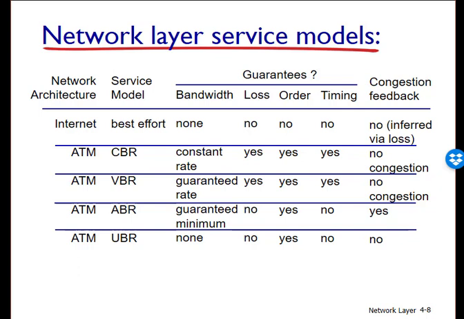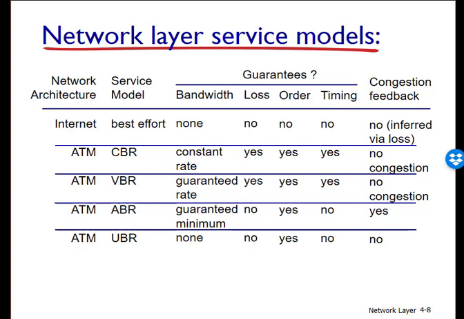The constant bitrate ATM network service was the first ATM service model to be standardized, reflecting early interest by the telephone companies in ATM and the suitability of constant bitrate service for carrying real-time constant bitrate audio and video traffic.